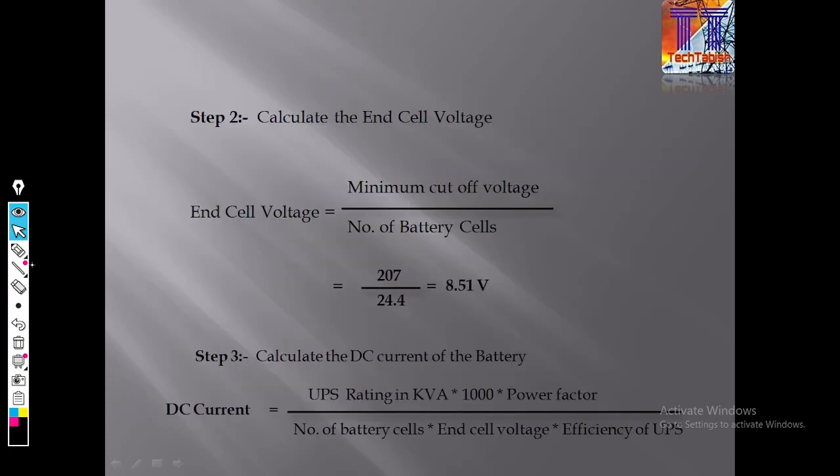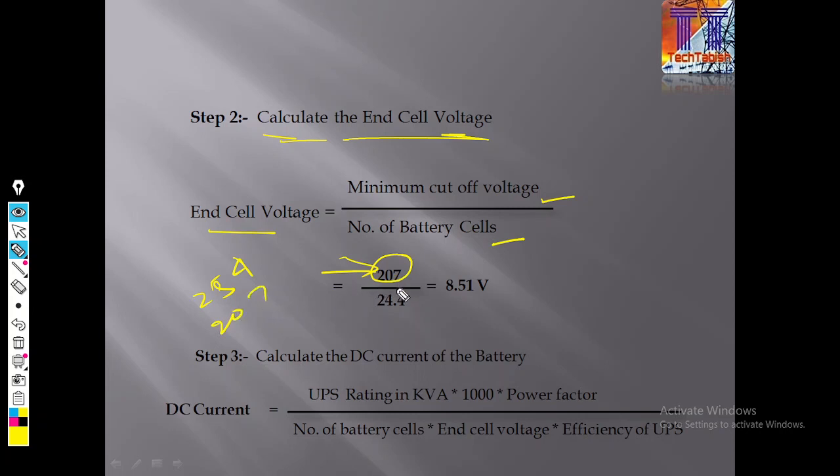This is the table. Here is step number 2, in which we calculate the end voltage. The formula of end voltage is minimum cutoff voltage divided by number of cells. The minimum cutoff voltage we saw in the first slide: maximum is 254, minimum is 207.